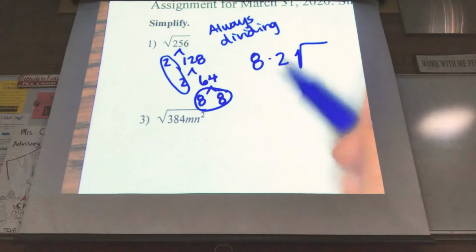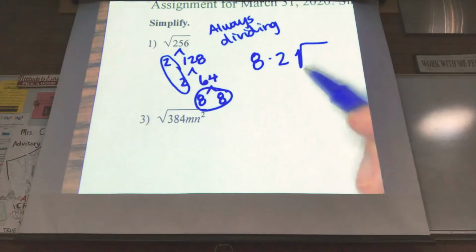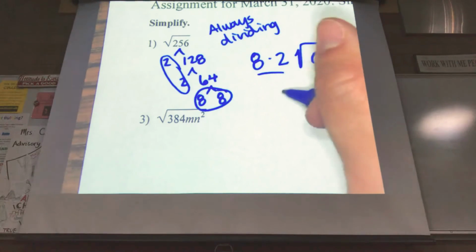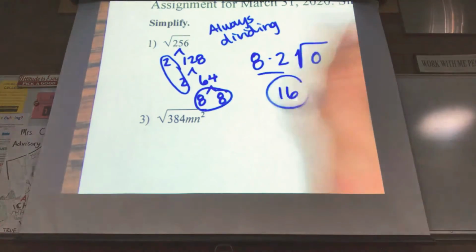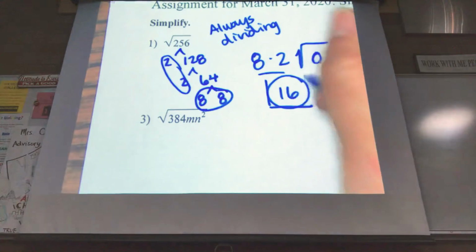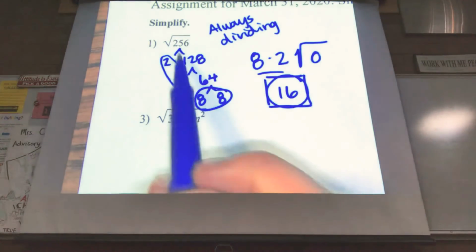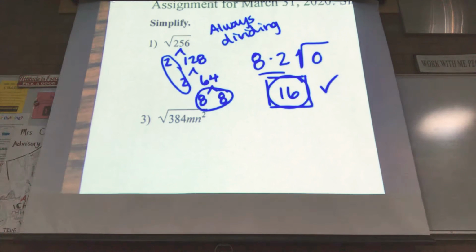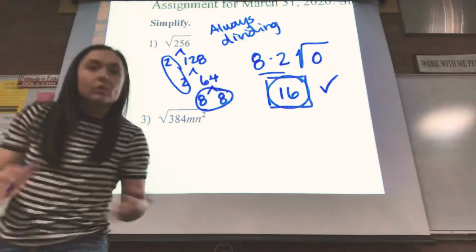When they become on the outside, they're now multiplying. Nothing was left inside my radical, so I really just have 8 times 2, which is 16. That does work, because the square root of 256 is 16. Perfect. That one was a perfect square, but we can see what we're actually trying to do.